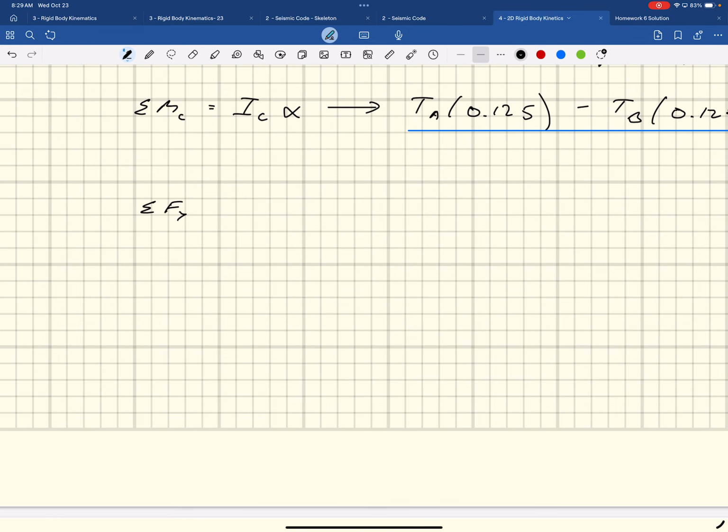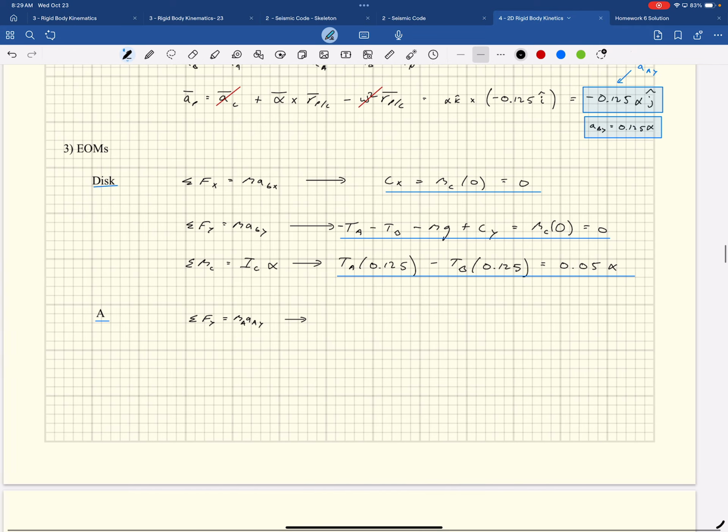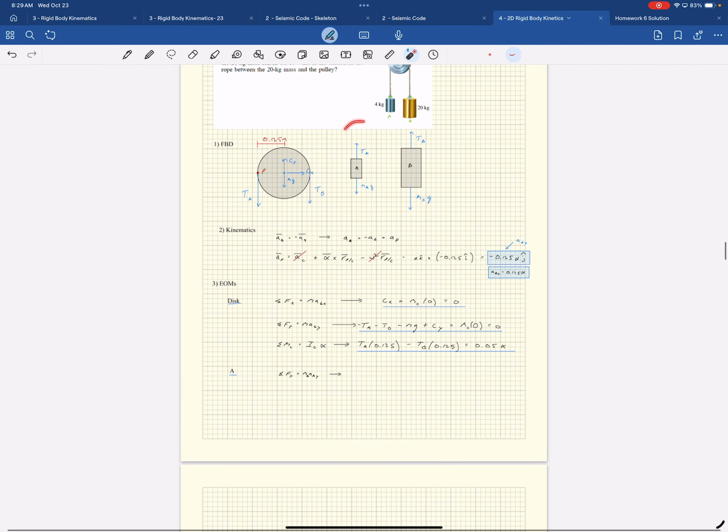That's where everything's happening. MA, AY. Well, we should probably put this as mass A too. Right? And so we just look at this free body diagram and just say, well, we've got MA times G going down, and I've got TA going up.